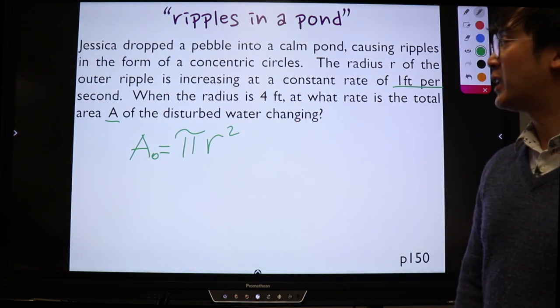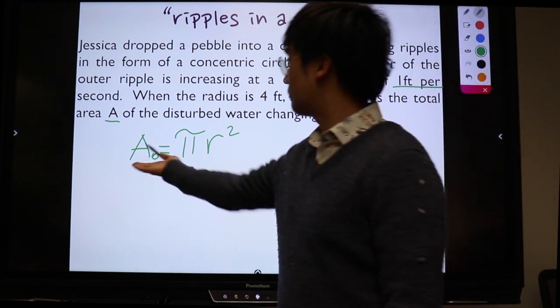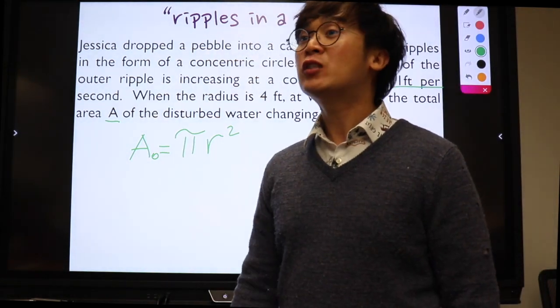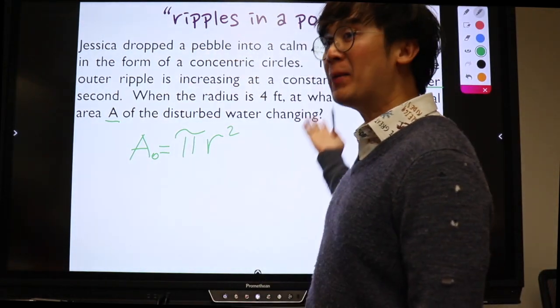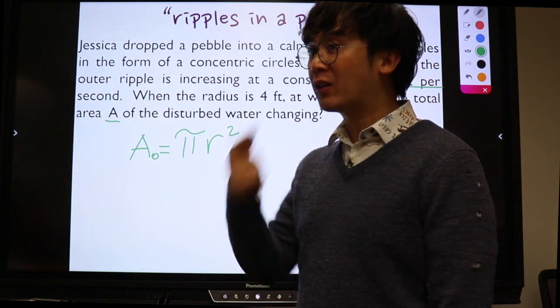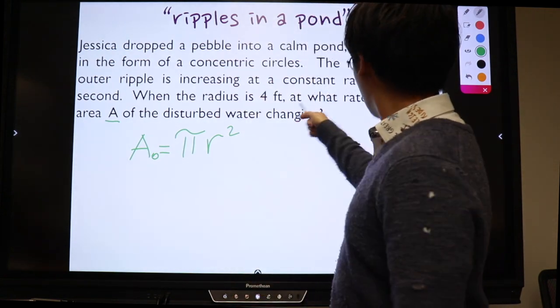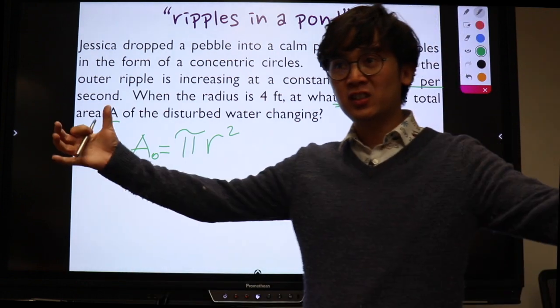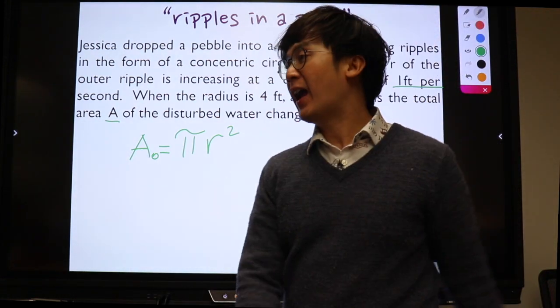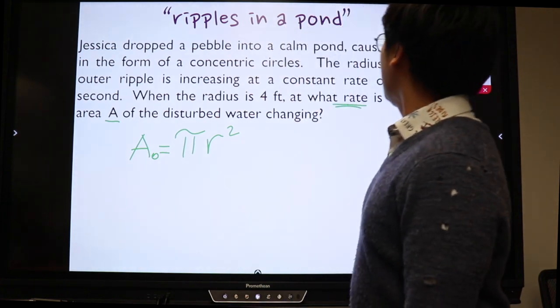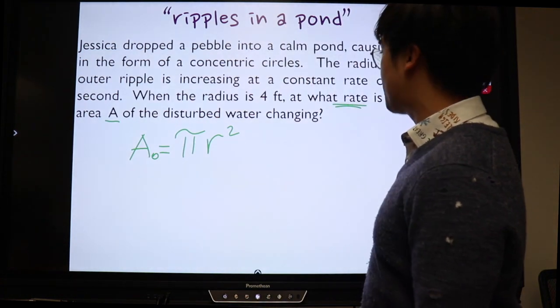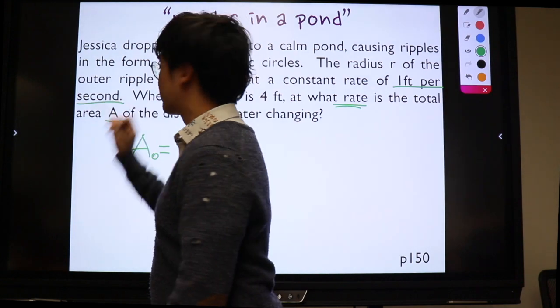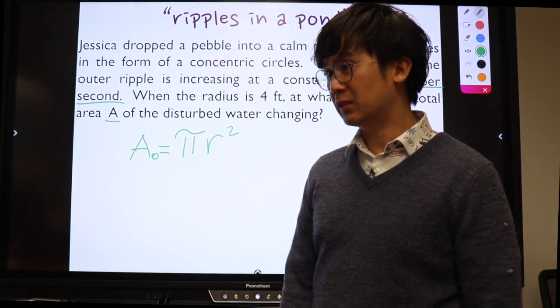And now, all we need to do is to differentiate this formula with respect to time, because that's basically what is happening here. You are trying to figure out the rate at which the total area of the disturbed circle is changing. And to do that, we're going to be differentiating with respect to time, seconds, right?